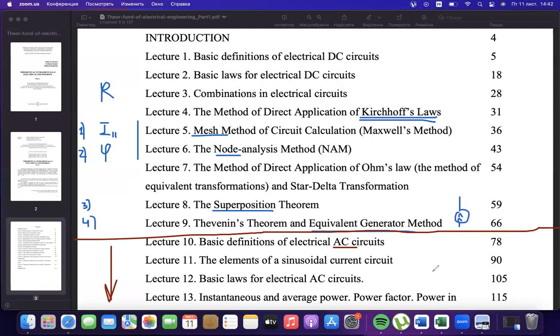But in AC, two other elements will be added to our model: the coil for the magnetic field and the capacitor for the electric field. Not only consumption, not only transformation of electricity into other types of energy, for example heating, light, mechanical work, because the resistor answers all these questions.